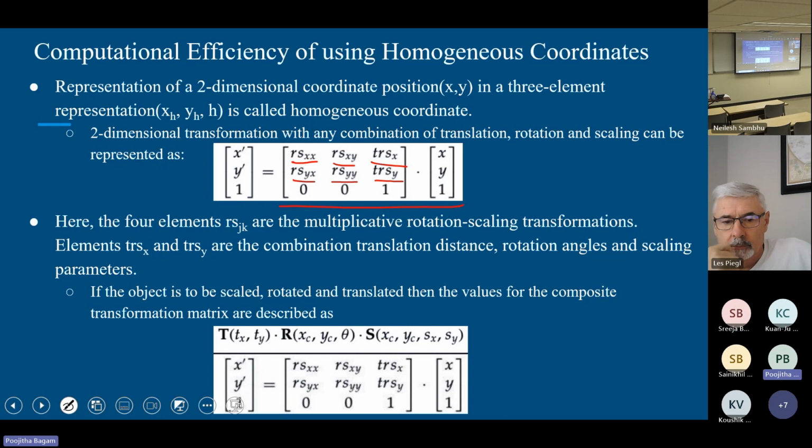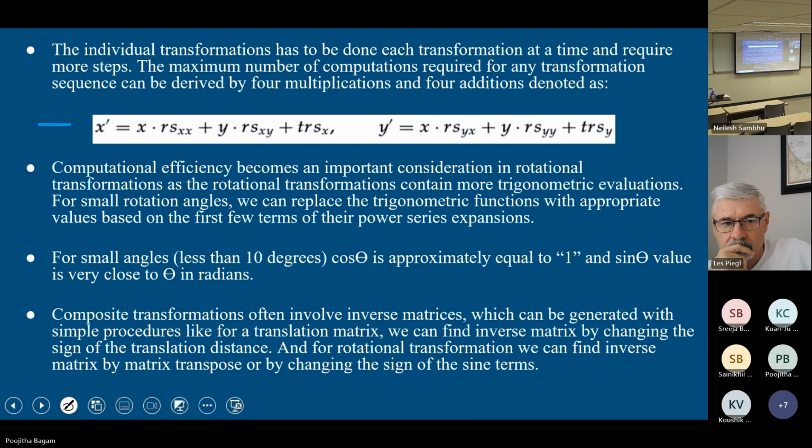So if the object is to be scaled, rotated, and translated, then the values for the composite transformation matrix are described in this form: the translation parameter, rotation parameter, and scaling parameter.